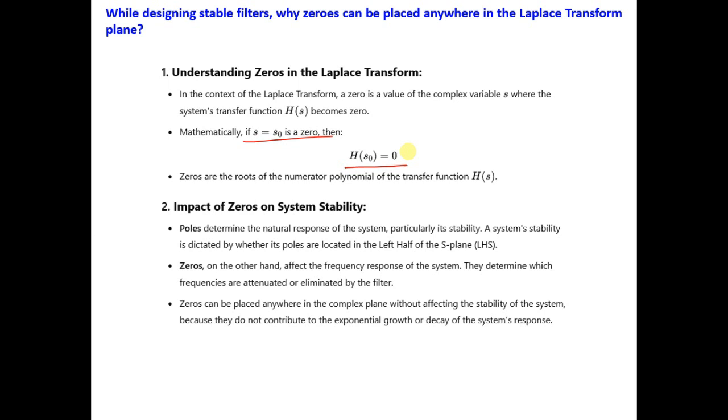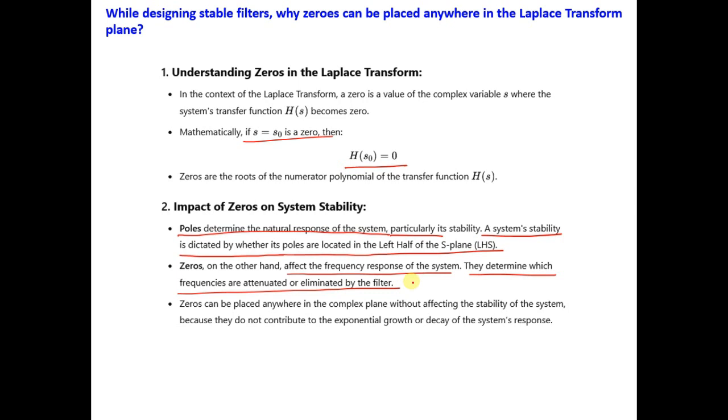Okay, so the impact of zeros on system stability. Poles determine the natural frequency response of the system, and its stability is dictated by whether its poles are located in the left hand side of the S-plane. Zeros, on the other hand, affect the frequency response of the system. They determine which frequencies are attenuated or eliminated by the filter.